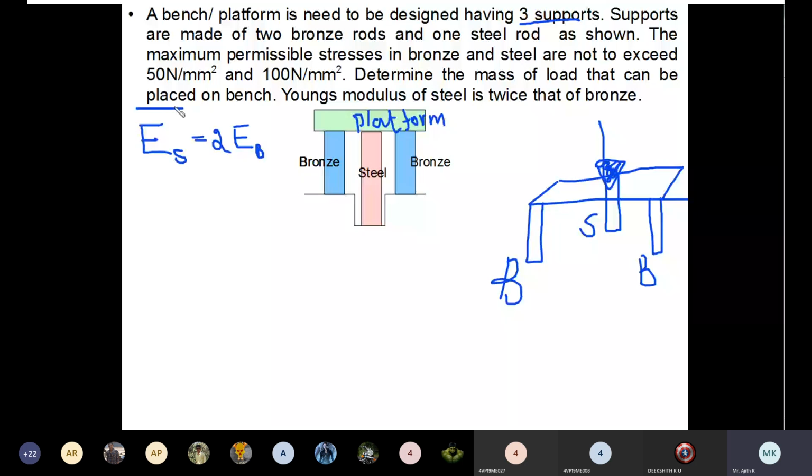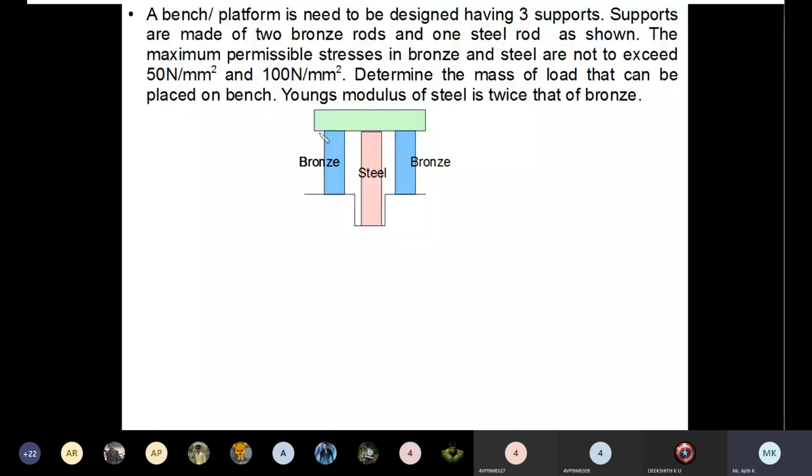Take down the diagram also. Actually, a few dimensions are missing here. We'll write the dimensions as well. Take down the question.